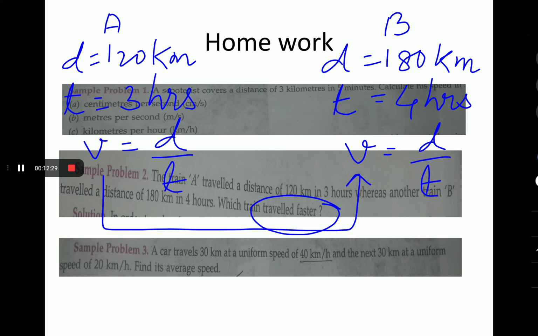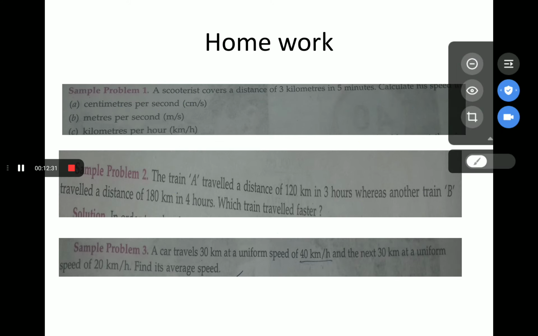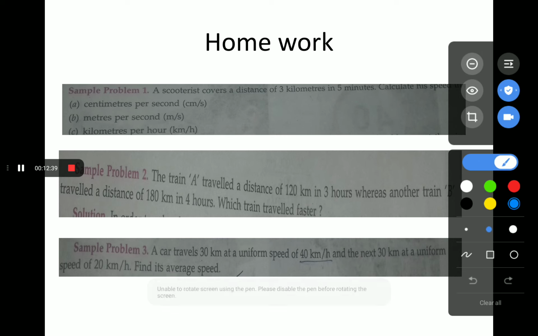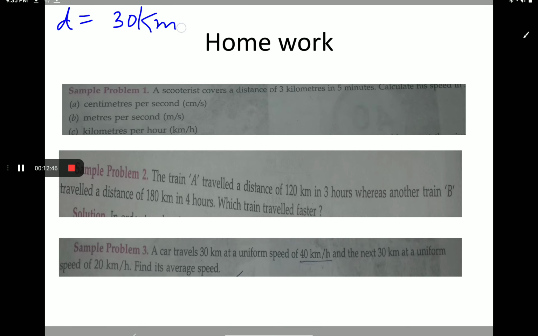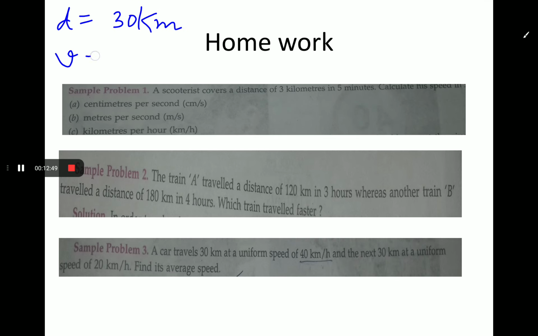Simple. In the third question, a car travels 30 km at a uniform speed of 40 km per hour. There is a car and the car travels 30 km. It means the distance is given as 30 km and for it the particular speed is given as 40 km per hour. And the next 30 km, it means the same car after covering this 30 km again covers the next 30 km distance.